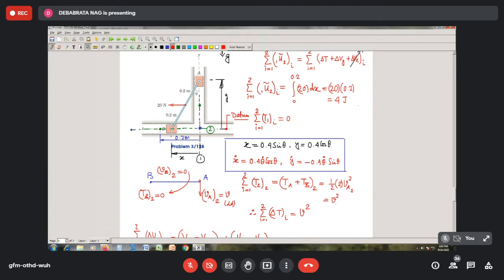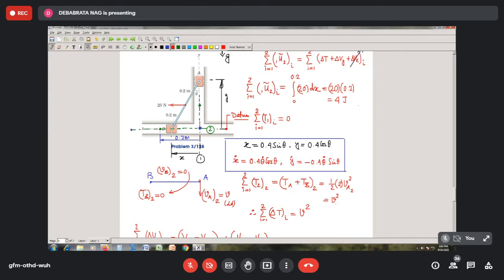So you say this is the datum. At position 1, your B is here, so its potential energy must be 0. And at position 2, both of them are coming on the datum level.